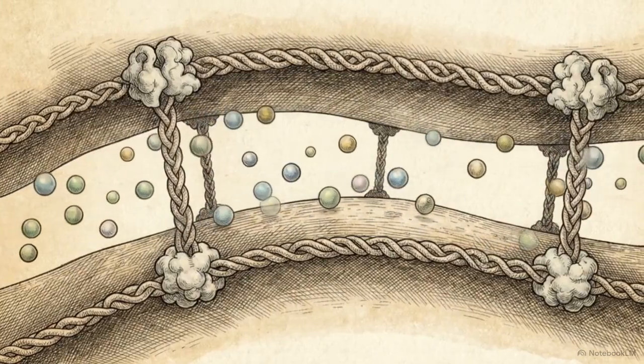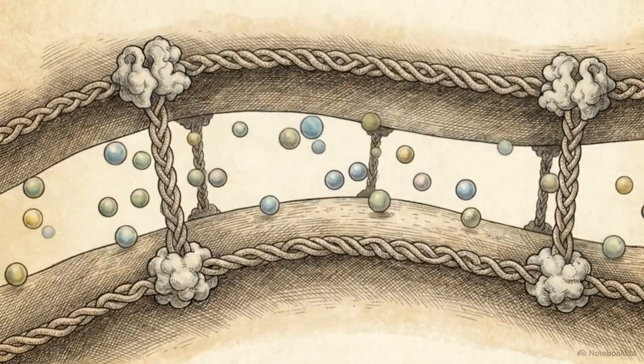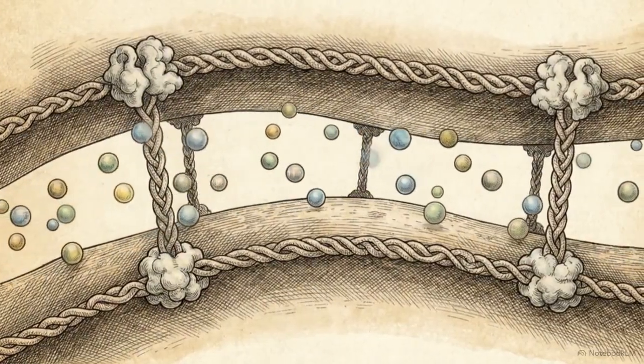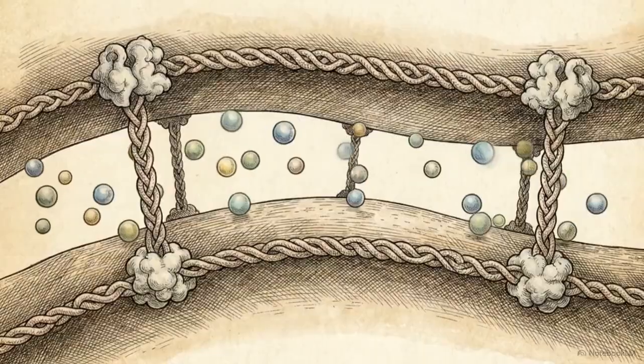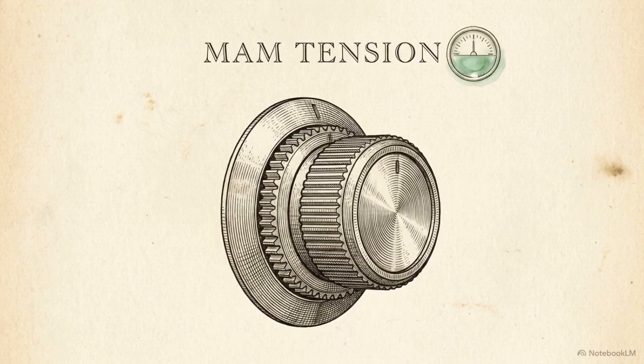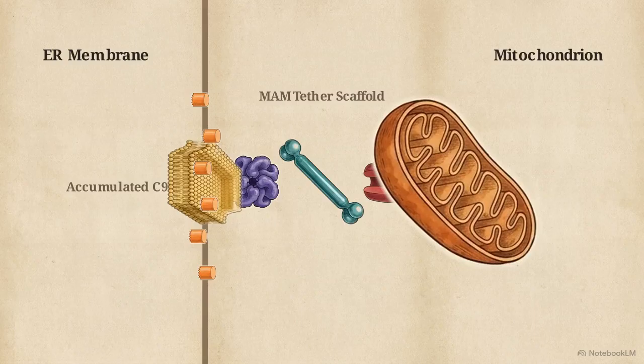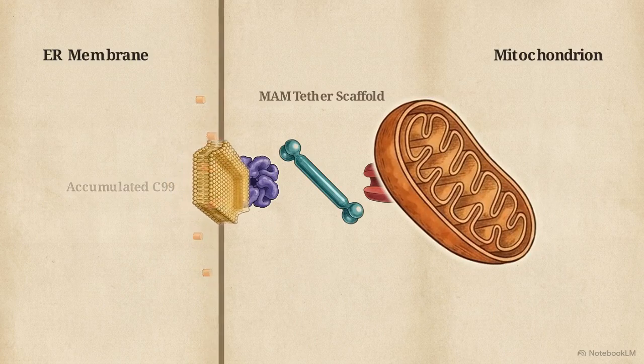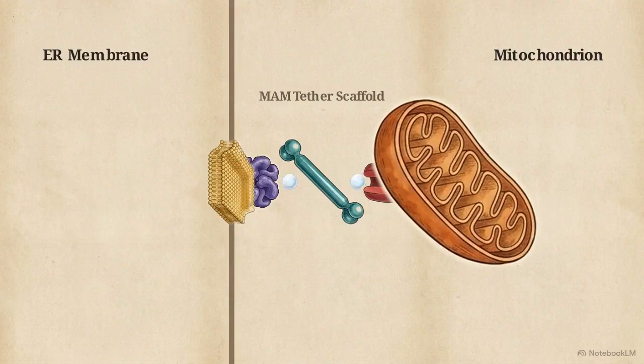Severing the weld would instantly kill the neuron. The cell requires this baseline lipid and calcium flux to survive. Future interventions must focus on tuning the set point of the tethers, or accelerating the clearance of the C99 fragment, rather than abolishing the organelle contact entirely.